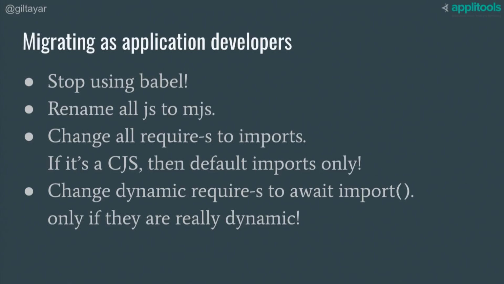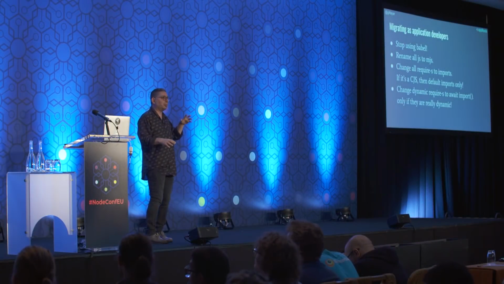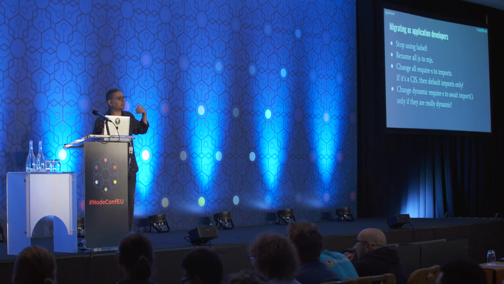And that's a big problem, because if you're using dynamic require, the path to that code may be a synchronous path. And you have to now change that function to be asynchronous, and it turtles all the way up to be asynchronous at the top. So all the other changes were totally technical. You can do them using a code mod. This change may need some changes in your business logic code.